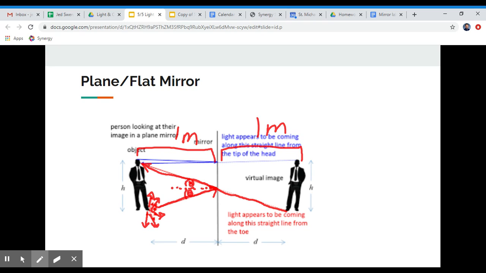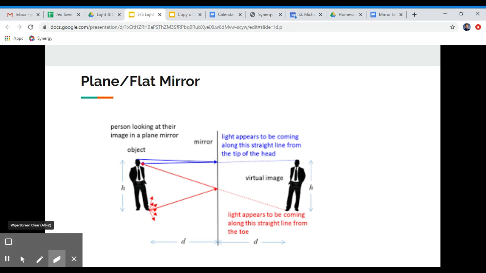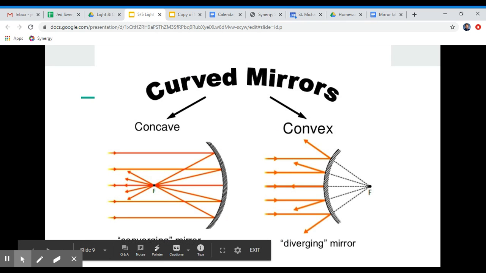Okay, so that's just flat mirrors. What we are going to be focusing more on throughout this unit is curved mirrors and curved lenses and things like that. That's what a good chunk of this whole light and optics unit is. So instead of having just a flat mirror, we'll deal with curved mirrors.